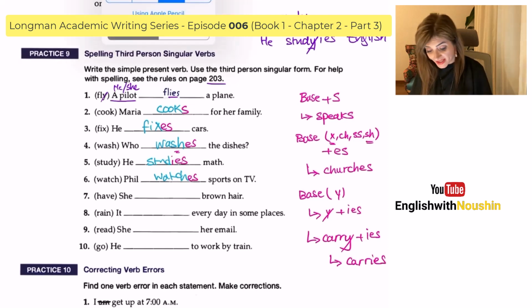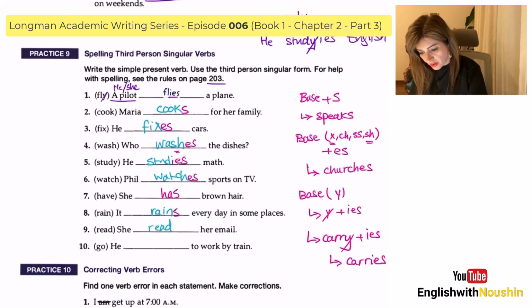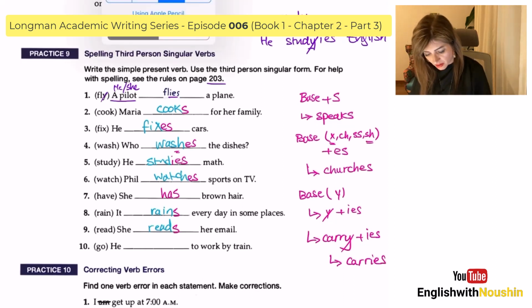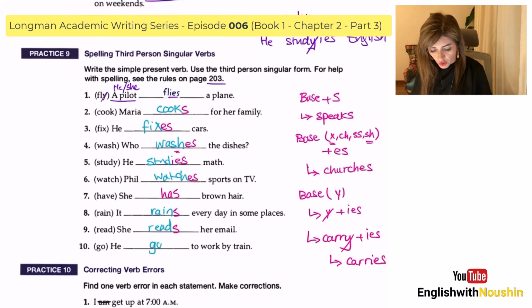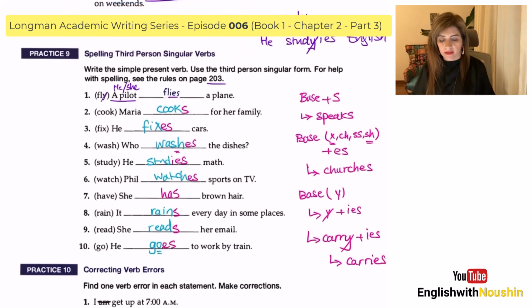Have is one of those exceptions. It's has. Rain, simple, you just add S. Read, simple, we just add S. He, go ends in O. We add ES. Goes to work.